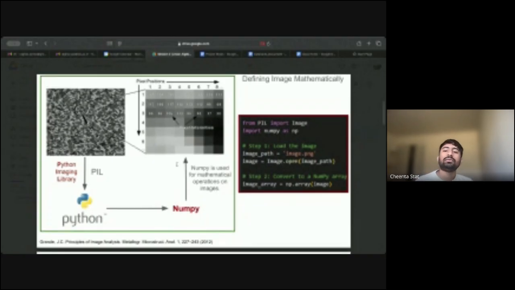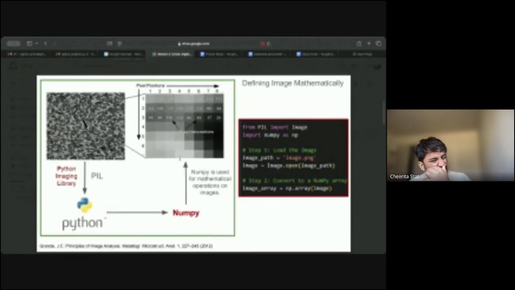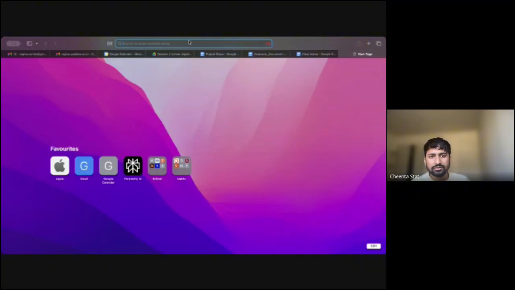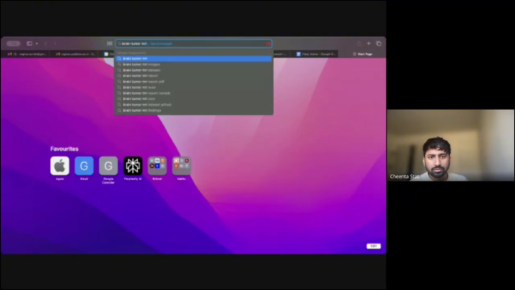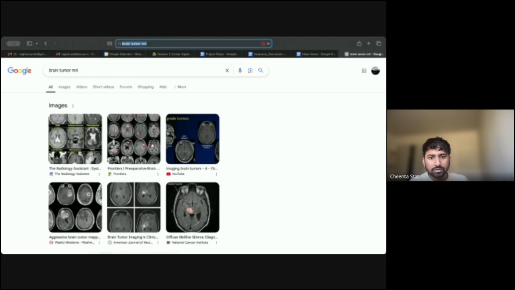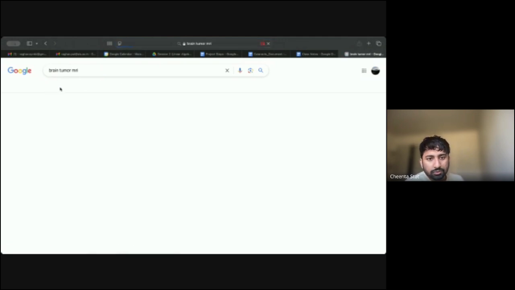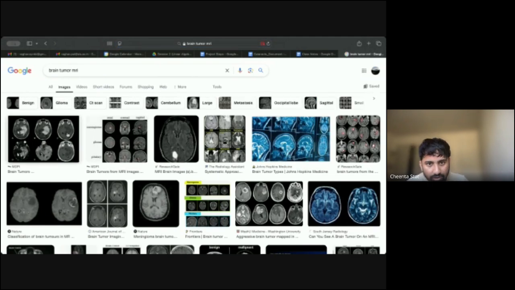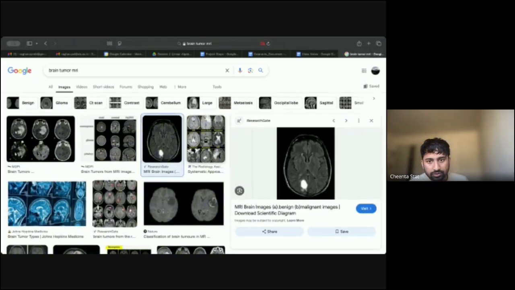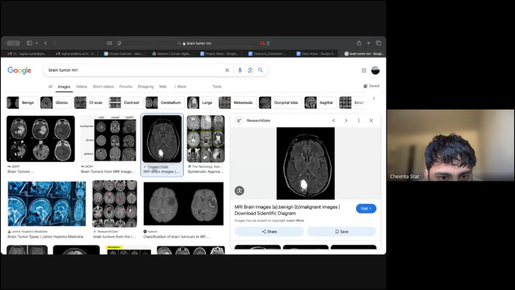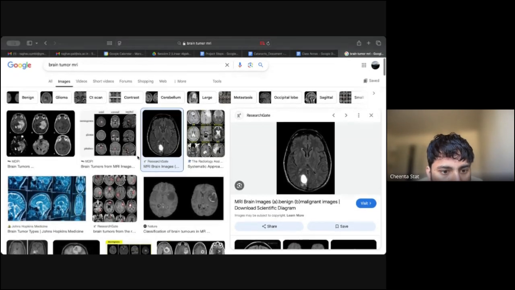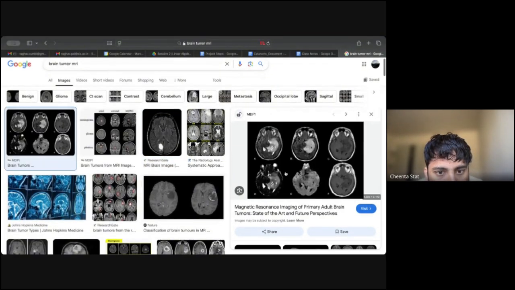Now can you search brain tumor MRI, just for a change of topic? Just search any one of them. Go to the third image, or maybe the first image. You can see that brain tumors are generally brighter, right?